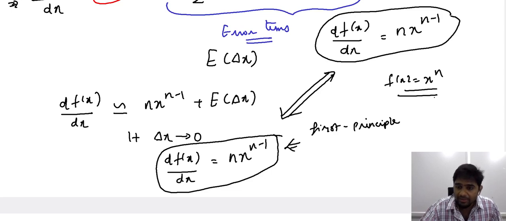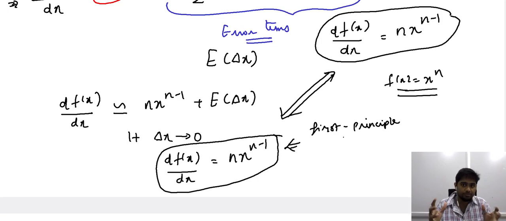In order to calculate the derivative of this function, we use this formula, and the same formula can be derived by starting from the first principle description of what a derivative of a function is. So this approximation also plays a key role.